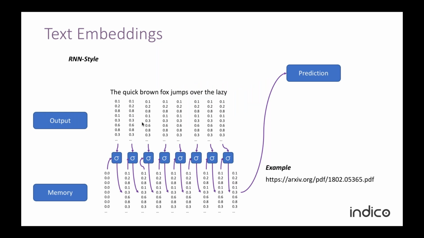The other style is an RNN, or recurrent neural network style, importantly different from a recursive neural net, where you still have the embeddings at the start, and what you can think of as your output. And then you've got this memory, which is effectively the model's current sense of the sentence at a given time.